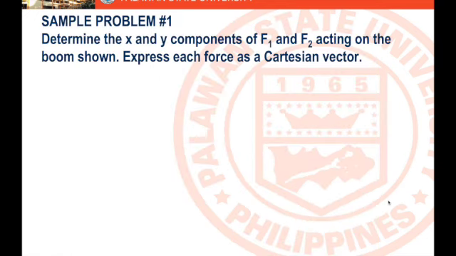For us to better understand how we apply these force vector principles, let's try this sample problem.